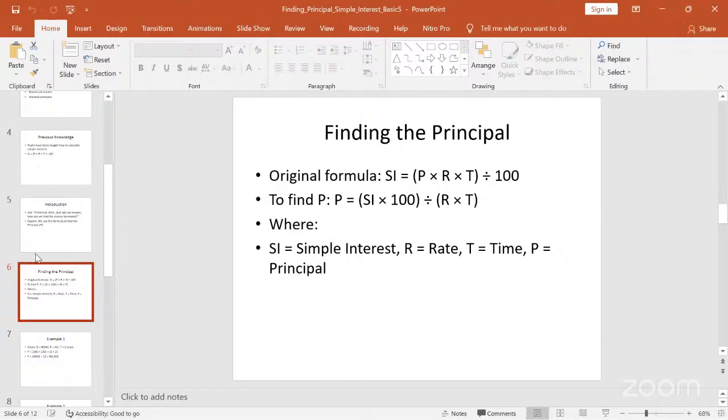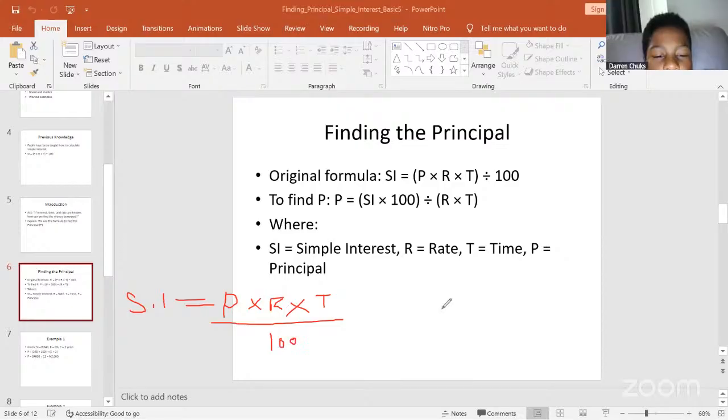Let me annotate for you. You know that simple interest, S.I., is equal to P times rate times time, all over 100, right?